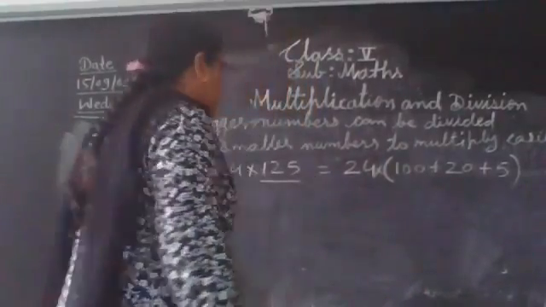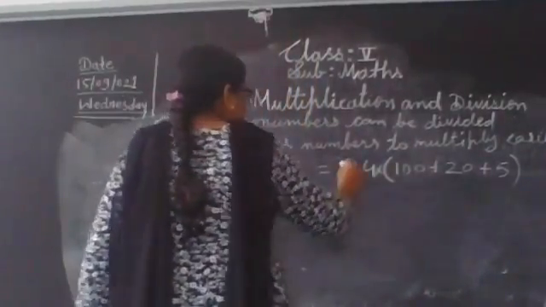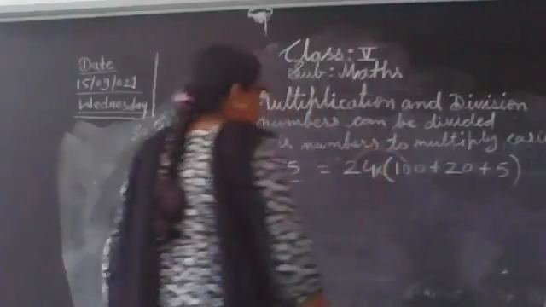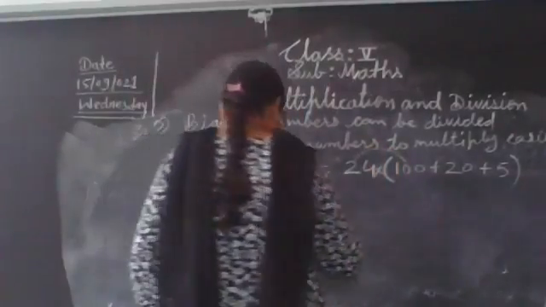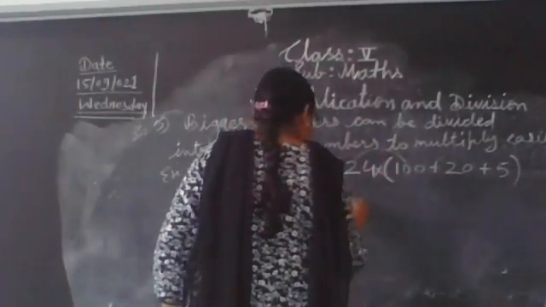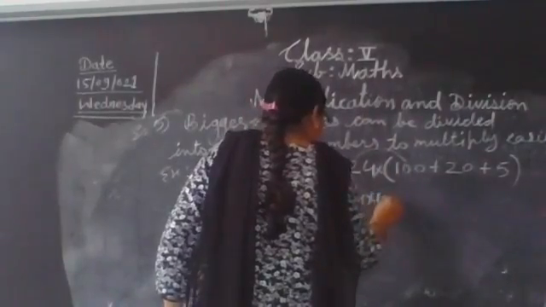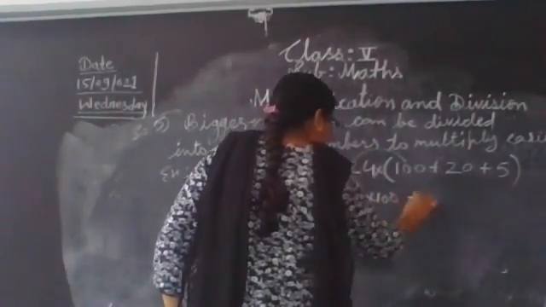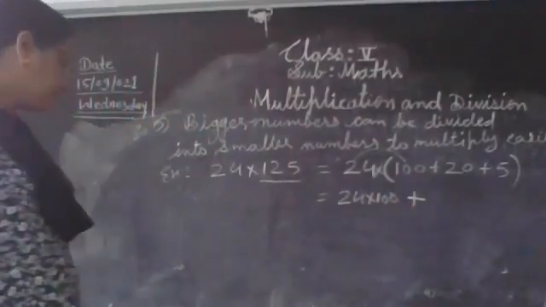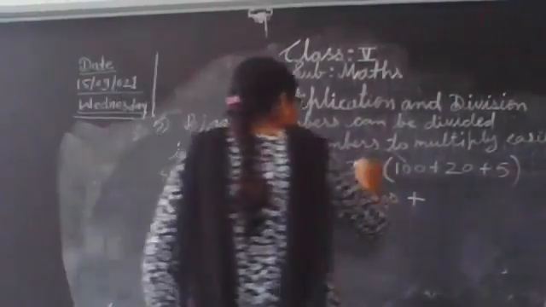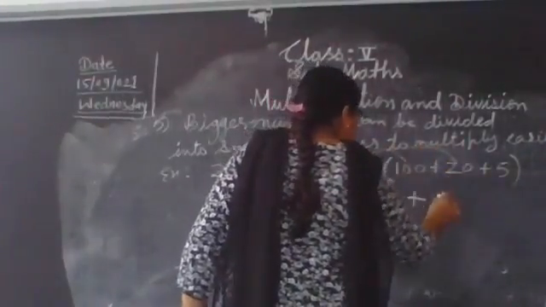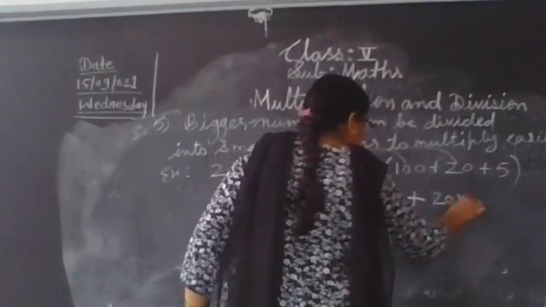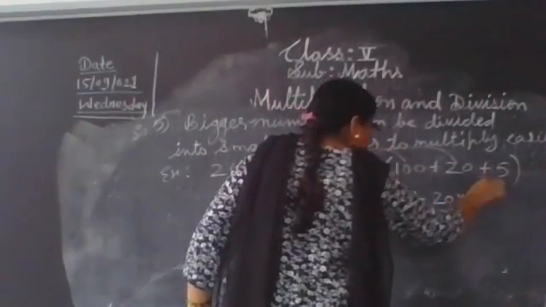See, so what to do? First, you will multiply 24 into 100, plus sign. Then multiply 24 and this 20, plus.